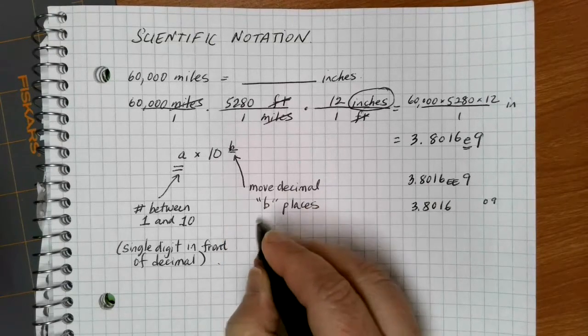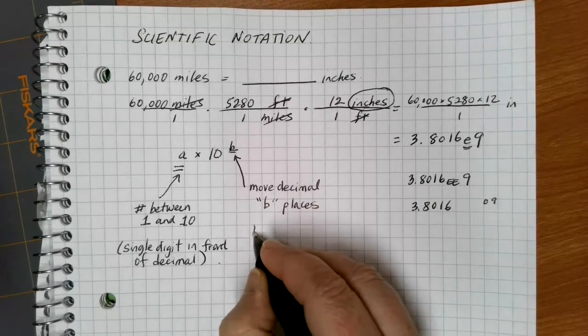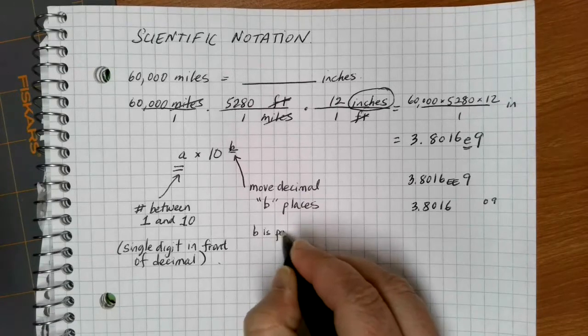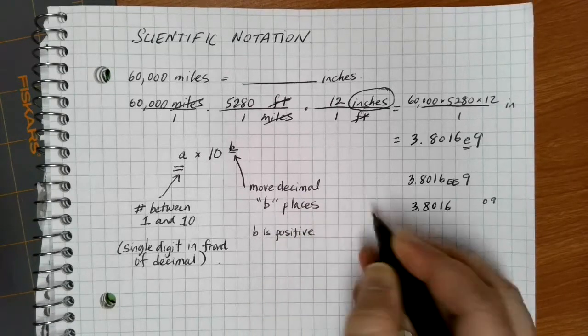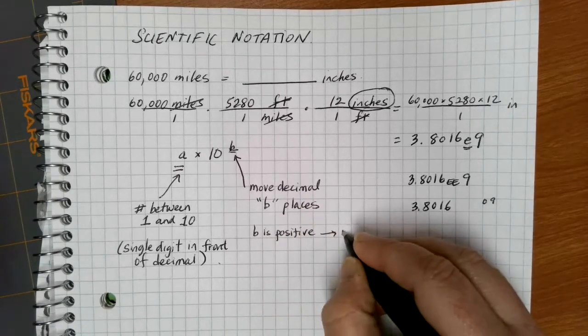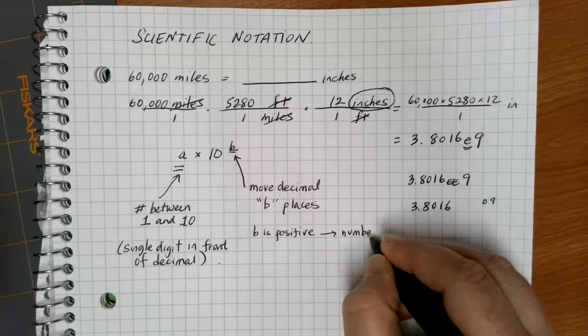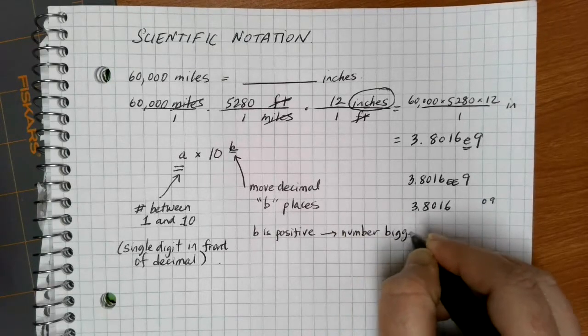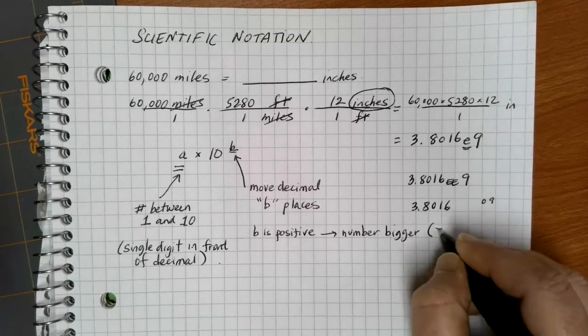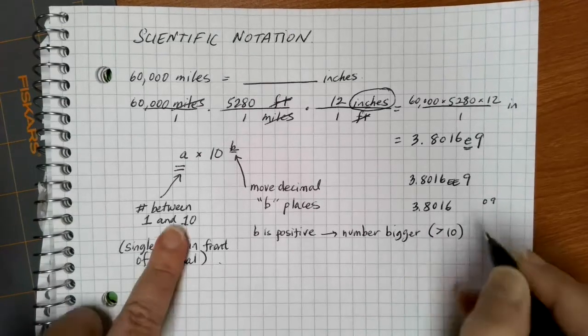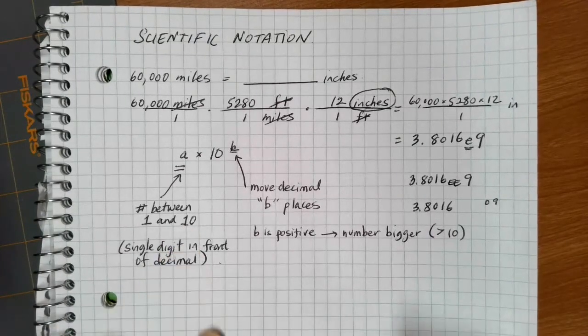If our B value is positive, it's going to make our number bigger, or represent a bigger number. And by bigger, I just mean bigger than 10 because that's the number that we have over here.